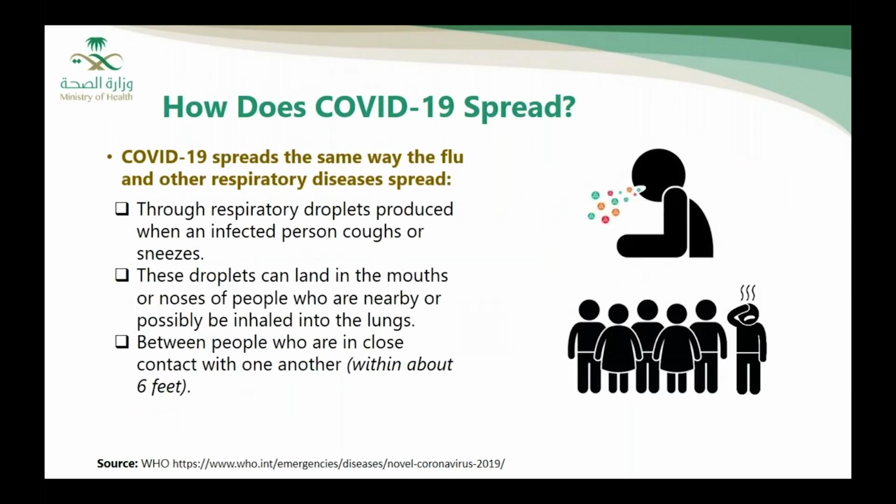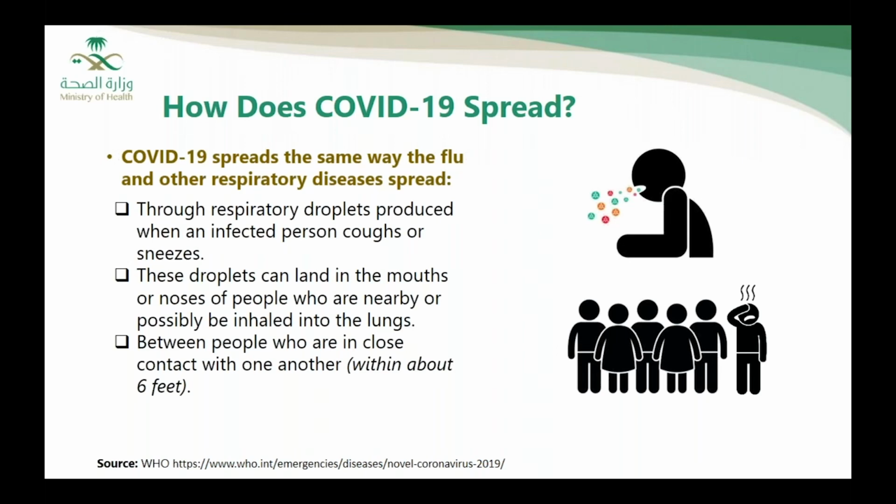How does COVID-19 spread? As you know, COVID-19 spreads the same way the flu and other respiratory diseases spread. It is spread through respiratory droplets produced when an infected person coughs or sneezes.